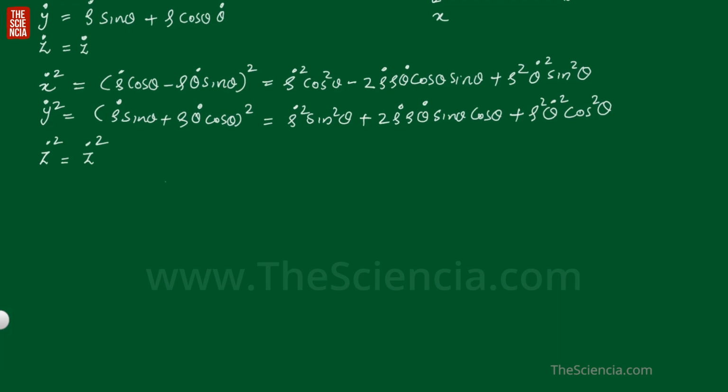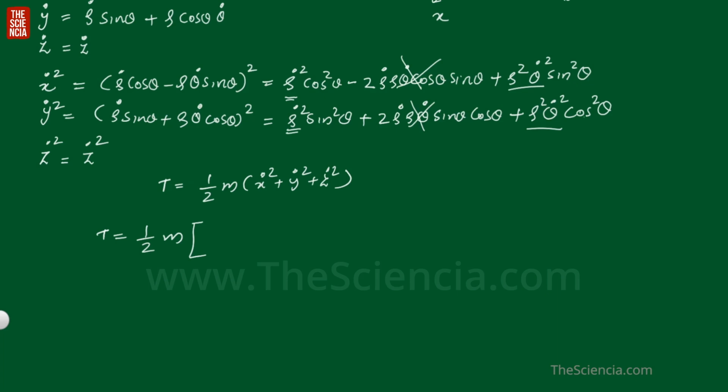Now we have to substitute in the equation of kinetic energy, that is T equal to half m times x dot square plus y dot square plus z dot square, right? So we get T equal to 1 by 2 m into x dot square plus y dot square. See here rho dot square is a common term, and we can take cos square theta plus sin square theta, and the cross terms are opposite, one plus and one minus, so these two terms cancel. Also rho square theta dot square is common, and we can take sin square theta plus cos square theta.